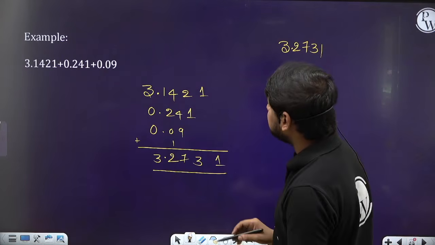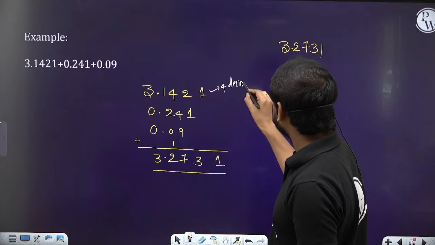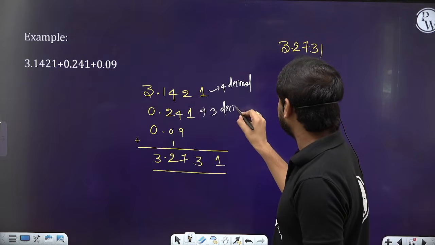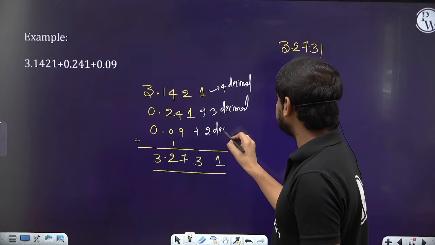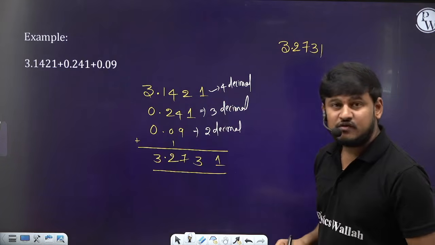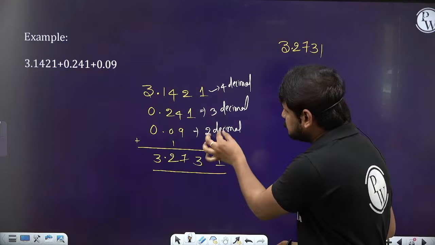Now check how many decimal places are there. Here 4 decimals, here 3 decimals, here 2 decimals. The result should be rounded off to the number having the least number of decimal places, which is 2 decimal places.